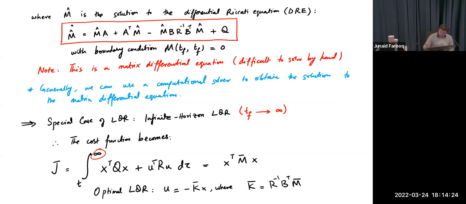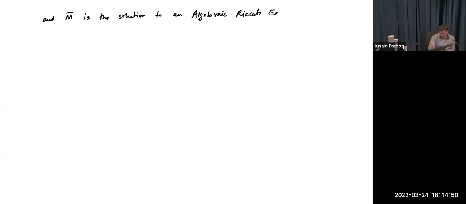And this M bar is now a solution to an algebraic Riccati equation, or ARE.